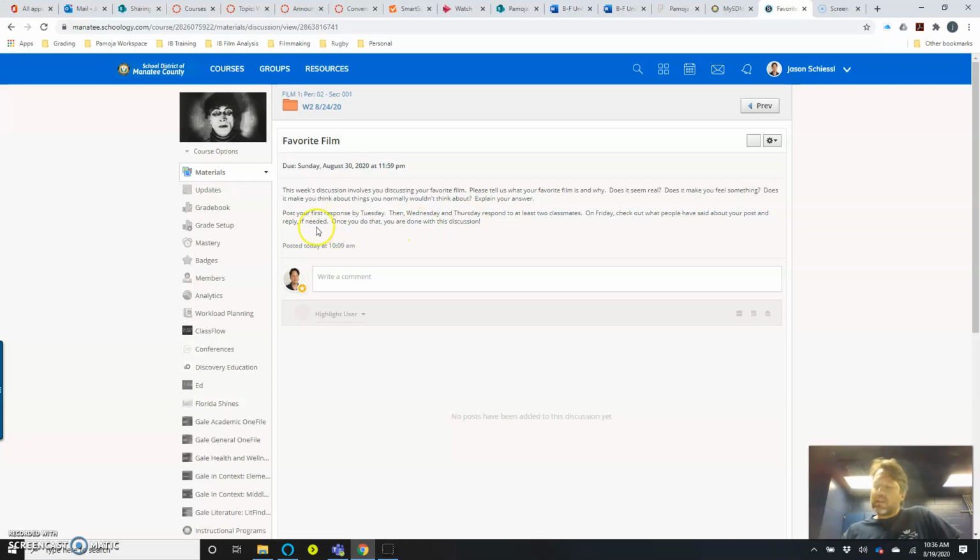Okay, here's the timeline on this. All right, in order to kind of like get the conversation going and then continue it. Post your first response by Tuesday. All right, then Wednesday and Thursday, respond to your classmates' posts.